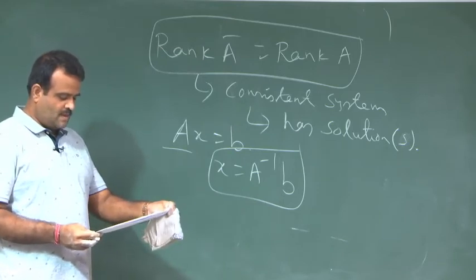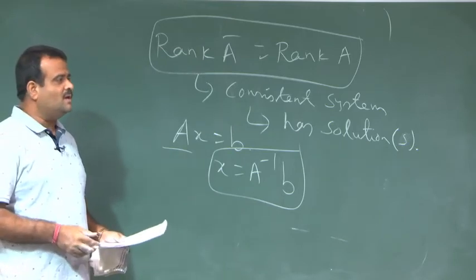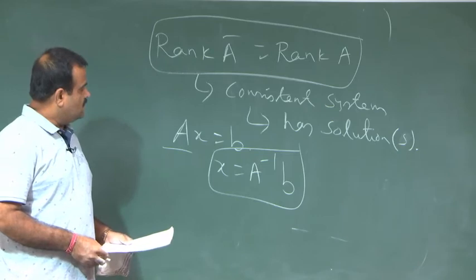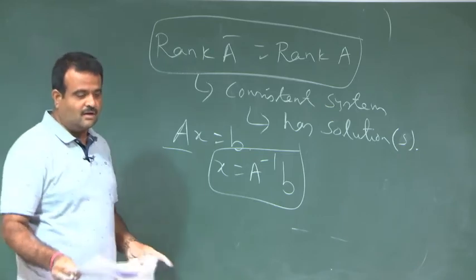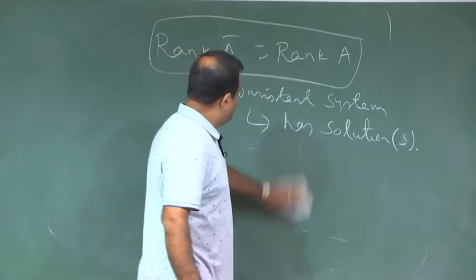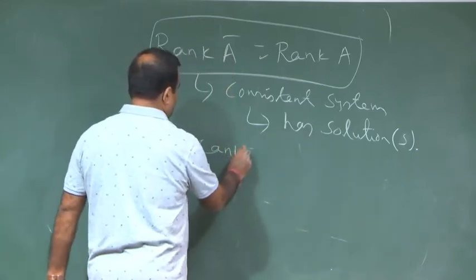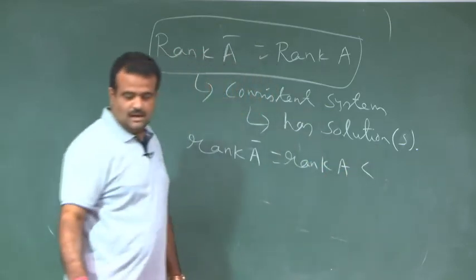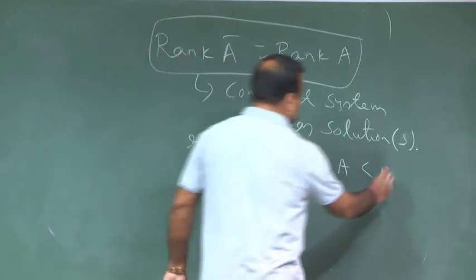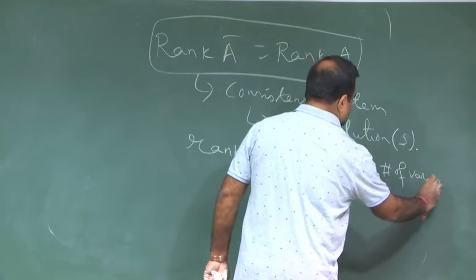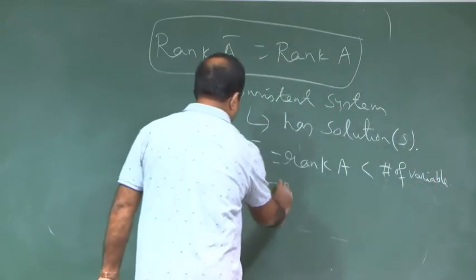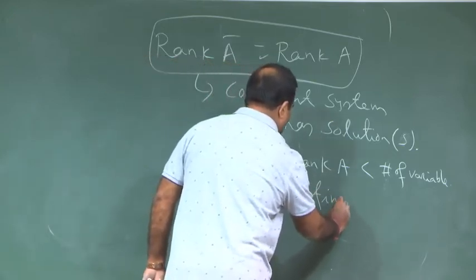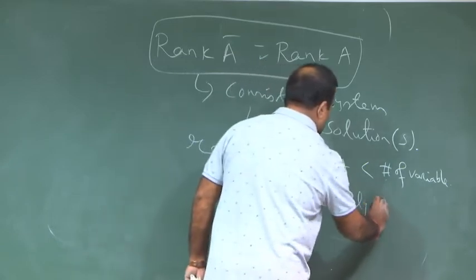Now, if it is not unique, that means if the rank of the augmented matrix, which is the same as the rank of A, is less than the number of variables, then it is consistent and we have infinitely many solutions.